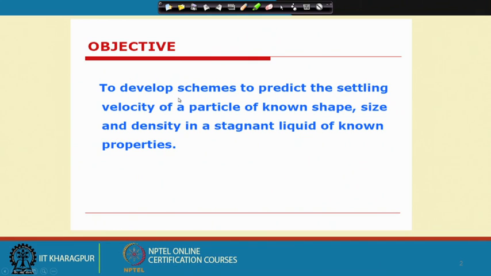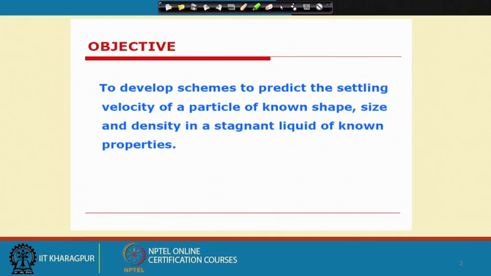Settling velocity means, if I have a column of liquid, say water, and I drop a particle of a specified size, density and shape, how much time it takes to travel through that fluid medium to cover a certain distance, that is called your settling velocity.